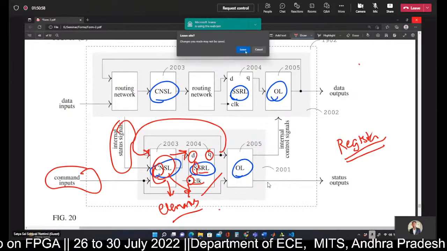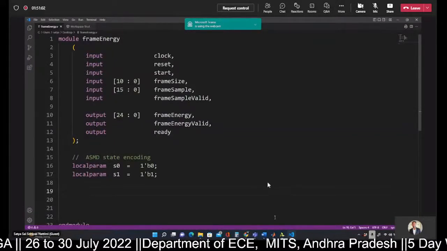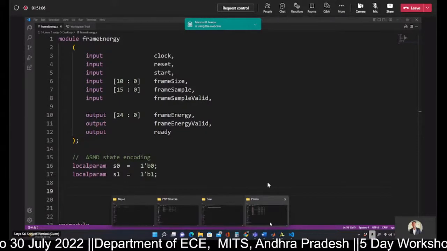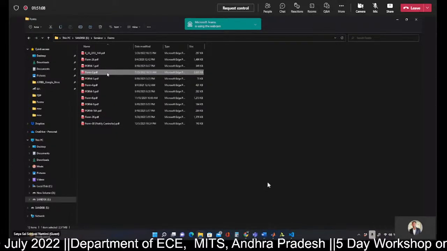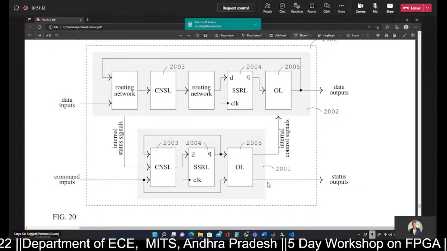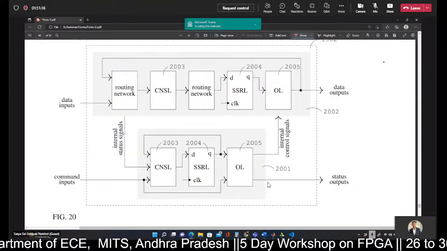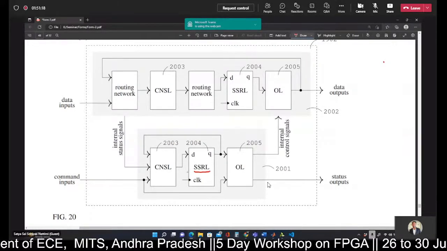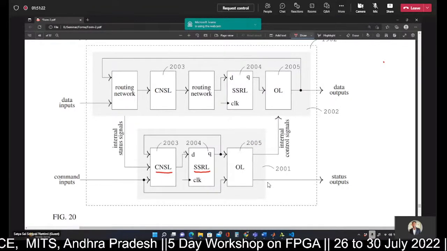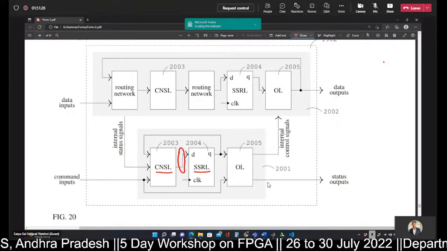So we have seen that for each and every register, as you can see here in this general representation, there is an equivalent combinational next state logic that drives the sequential state register logic.